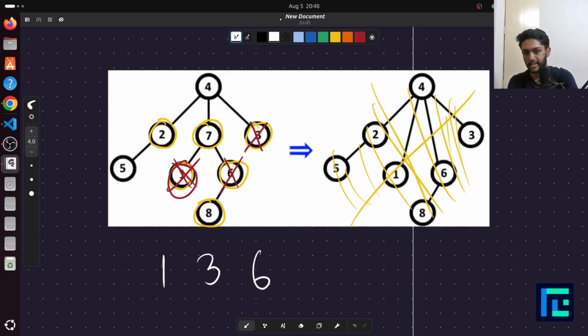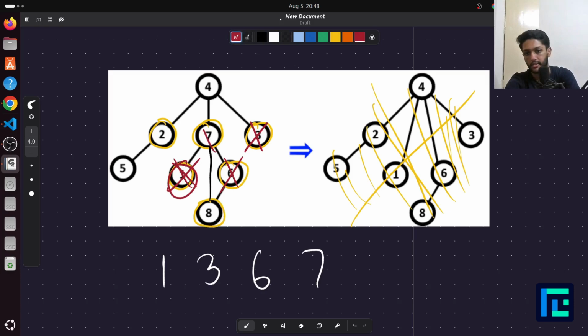When we delete 6, that means we are connecting this edge, like this 8 gets connected to 7 directly. So this edge is added. Now we have 7 and we have 8. Can we still delete 7? Yes, because its child, which is 8, is 1.